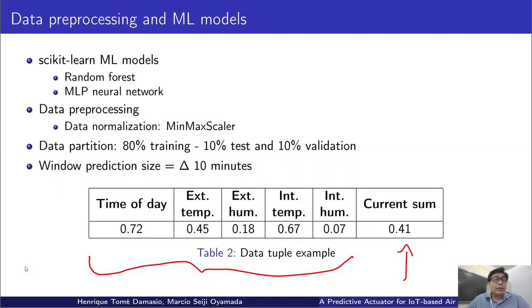In this work, we tested the random forest and the multi-layer perceptron models to estimate the current consumption, using 80% of the data for training, 10% for the test, and 10% for validation. Data normalization was performed using the min-max scaler function.